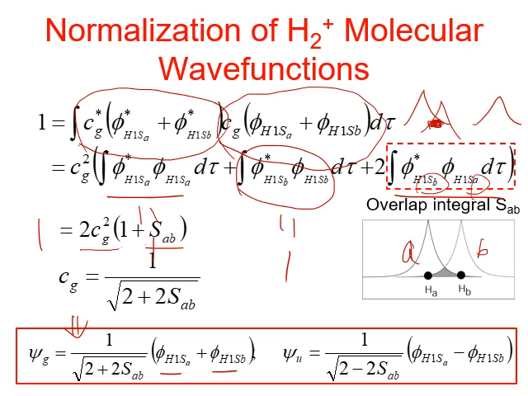Similarly, we can solve the ungerade coefficient, when the two wave functions have different sign. And notice that both wave functions depend on the overlap integral. It turns out that this overlap integral plays an important role in the formation of molecules. And later, we're going to see that the energies of these molecular orbitals also depend on the overlap integral.